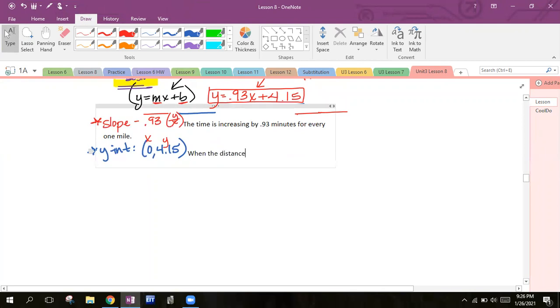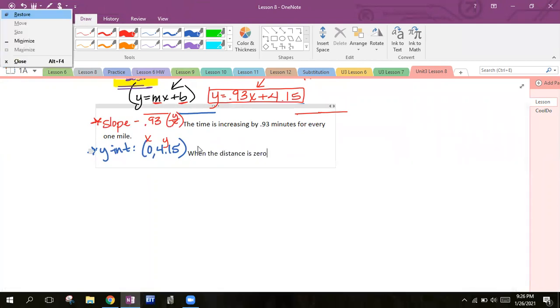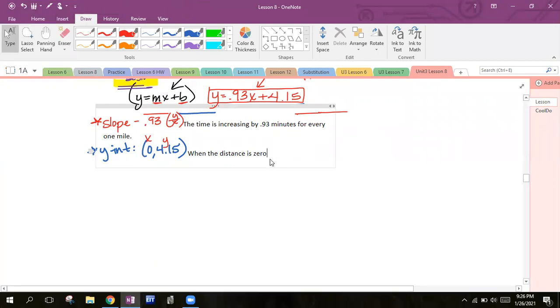When the distance is 0, because that's what our x value is, our time, the time it's going to take us to get wherever we're going, is already at 4.15 minutes. All right, so I want you to think of how we haven't traveled anywhere, but it's already taken us about 4 minutes, a little over 4 minutes to go. How does that make sense?